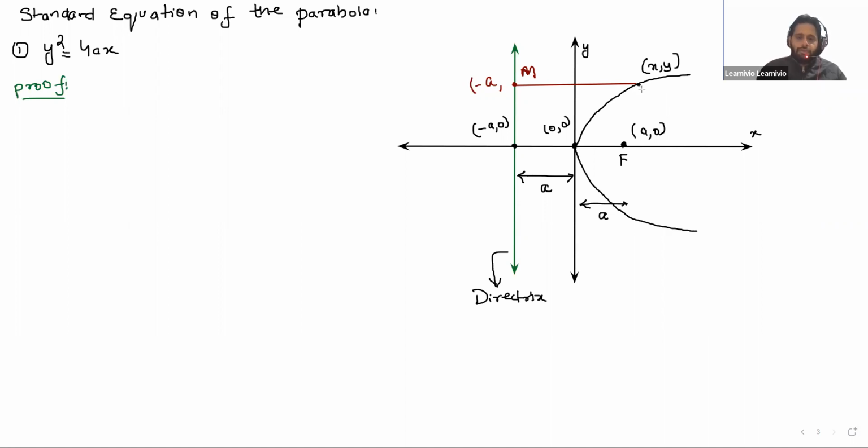Krishna, please tell me what is this distance? This point to the x-axis, can we say y? Yes. This point is x comma y, that's why this distance is y. Now, similarly, can you tell me what is this distance?